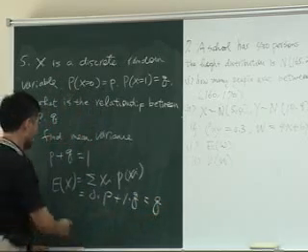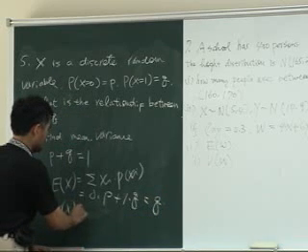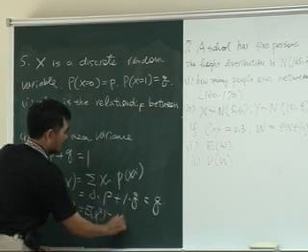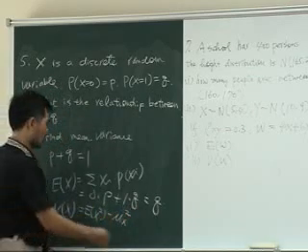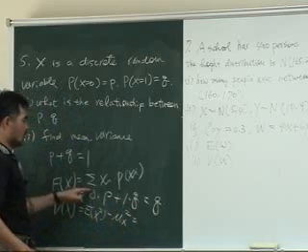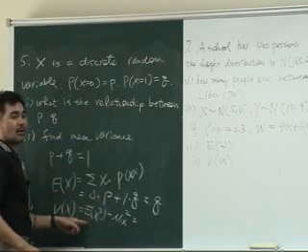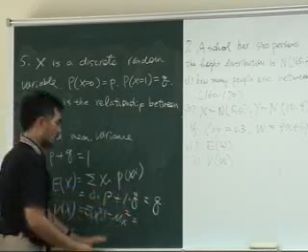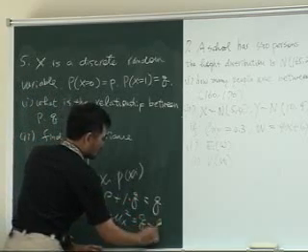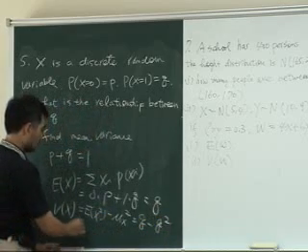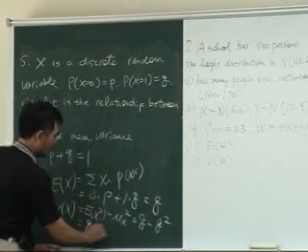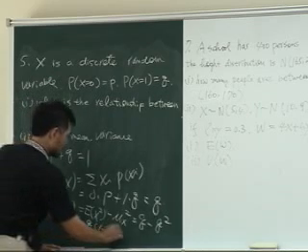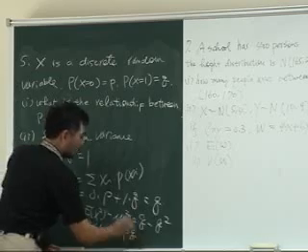And then the variance is equal to expectation of x squared minus mu x squared. 0 times p is still 0, right? And 1 squared times q, you get q minus q squared, right? So that is equal to q(1 minus q), right?